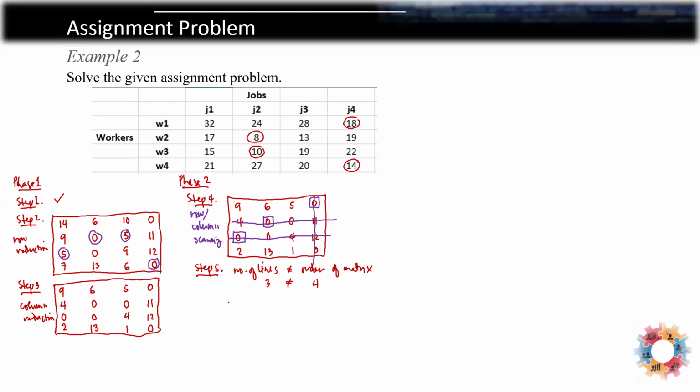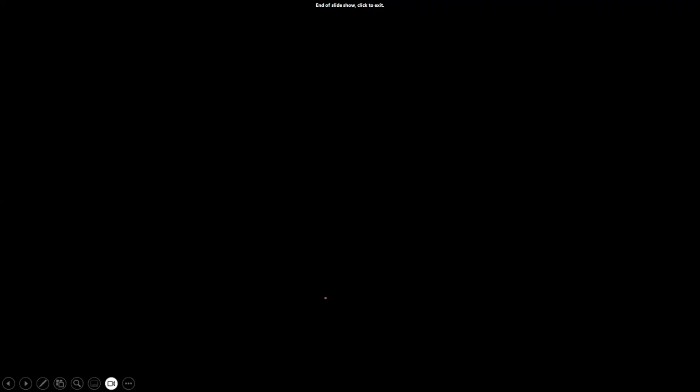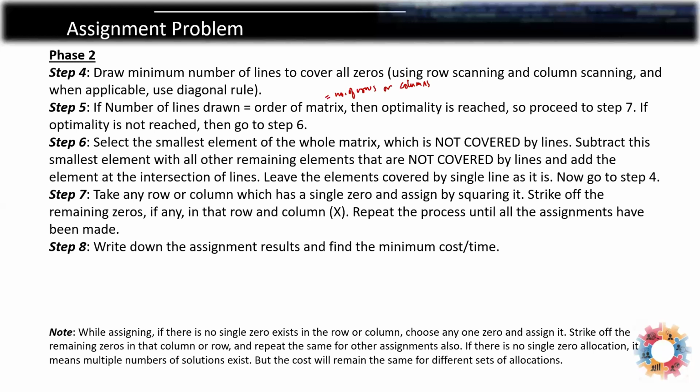Okay? So, not optimal. If it is not optimal, we proceed to step number 6.